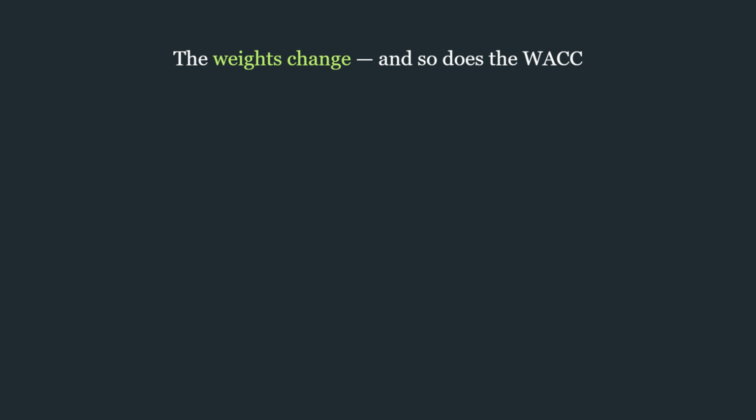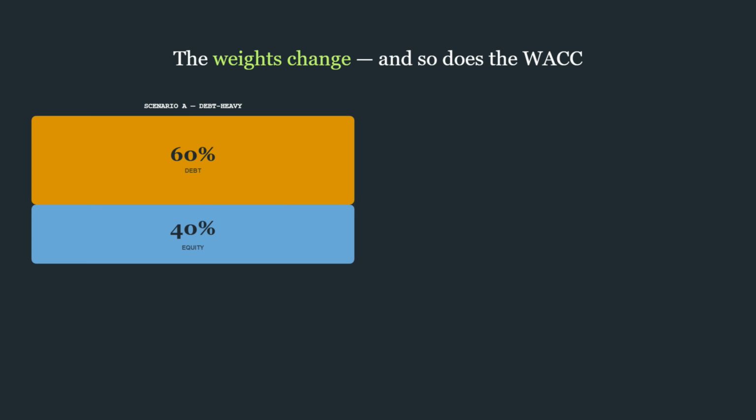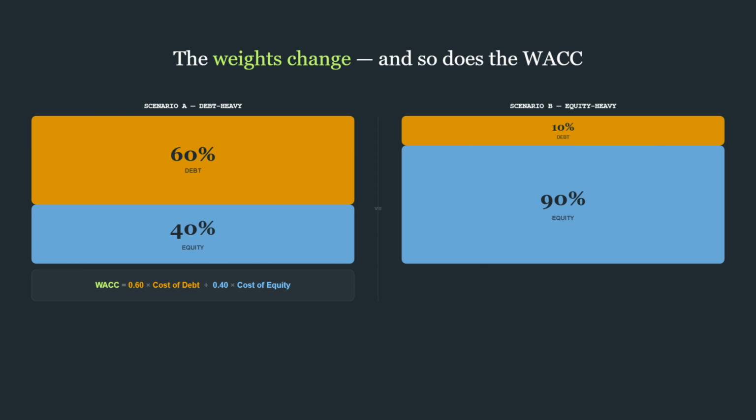So if our capital plan is for 60% debt and 40% equity, our weighted average cost of capital will be 60% multiplied by the cost of our debt plus 40% multiplied by the cost of our equity. But if instead we plan to hold very little debt on Evergreen's balance sheet, say our planned capital structure was 10% debt and 90% equity, we'd calculate our weighted average cost of capital as 10% multiplied by the cost of our debt plus 90% multiplied by the cost of our equity.